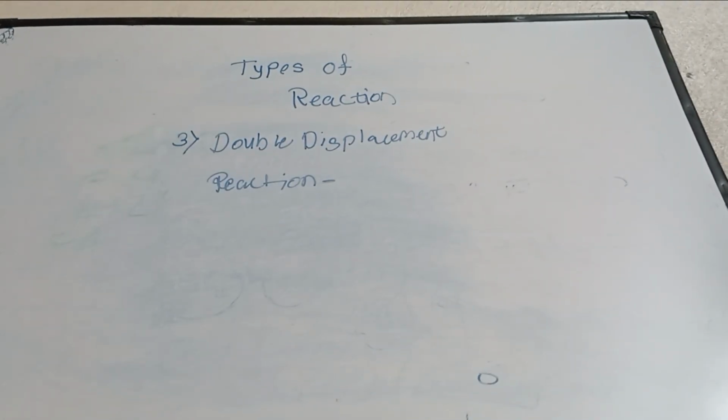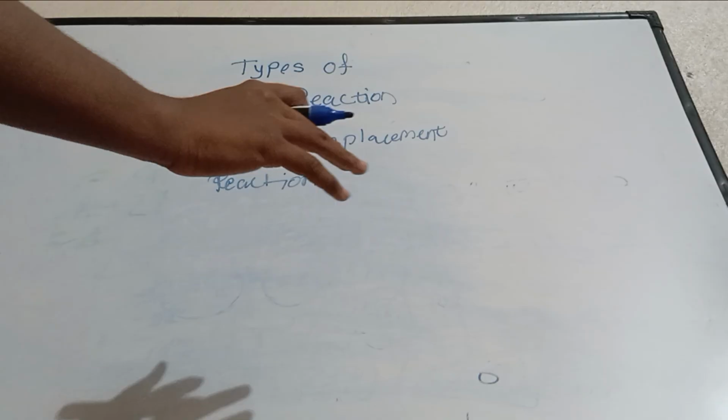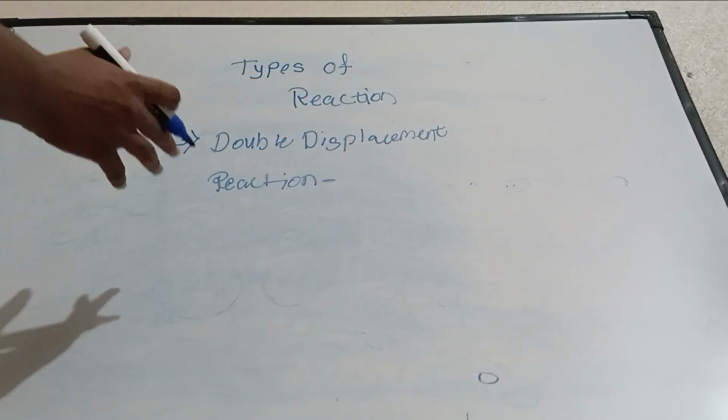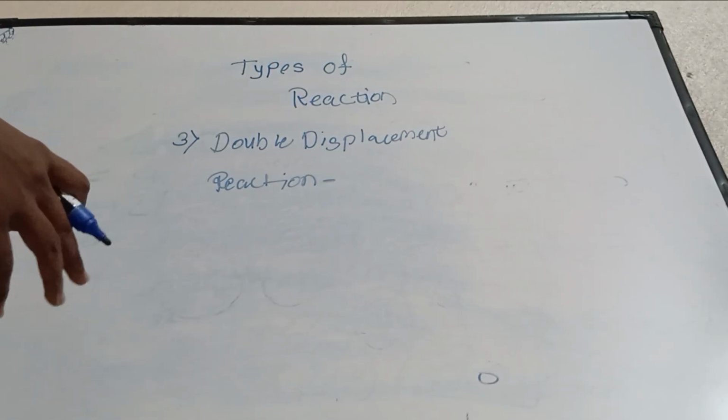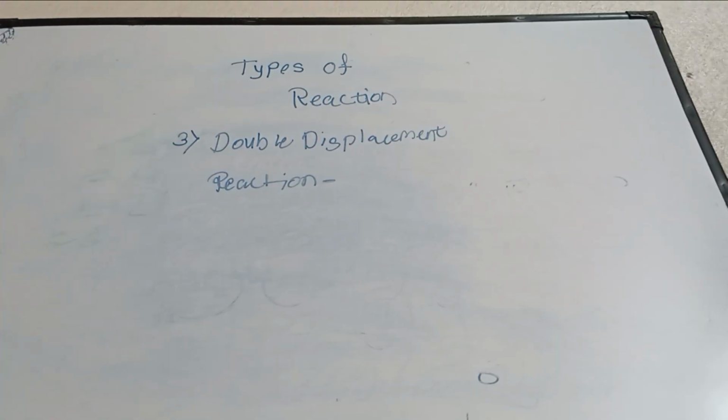This reaction is totally similar to the displacement reaction, but here things are getting doubled. Here we can see two displacements. In the previous one, we could see only one displacement, that was Fe displacing Cu. That was the only one. But here we can see two.